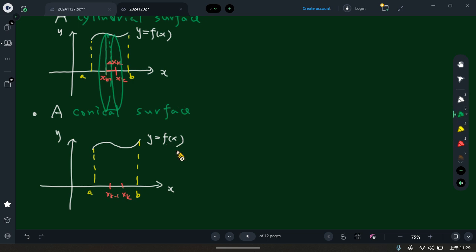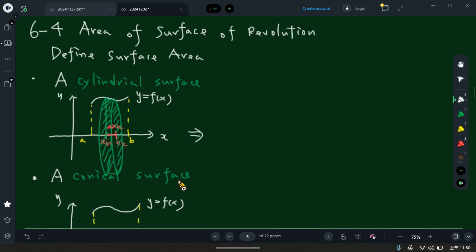If I want to get the surface, this time we are not talking about the volume. We are talking about the surface of a revolution. If you want to get the area, we can cut it and write it flat on the plane.